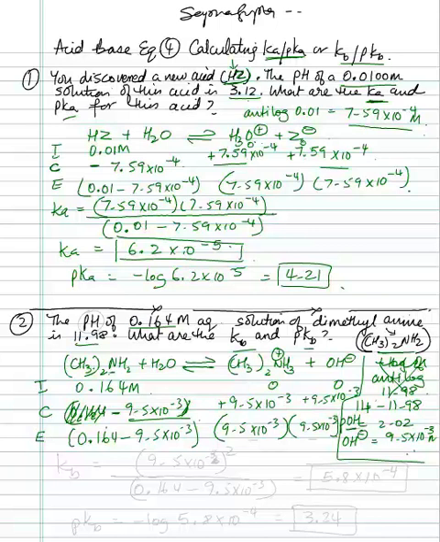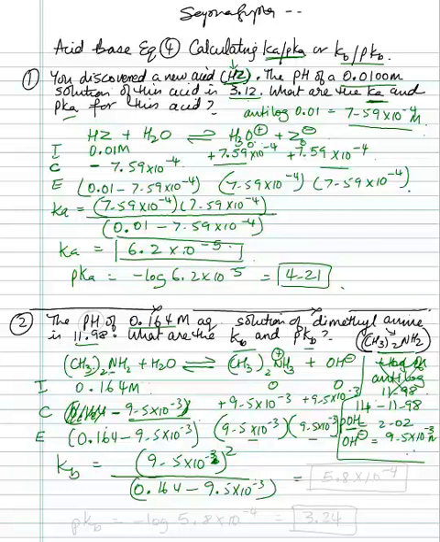So our Kb is equal to 9.5 times 10 to the negative 3, and I'll just take the square of that because you have two numbers of the same value, divided by 0.164 minus 9.5 times 10 to the negative 3, the concentration change for the base.